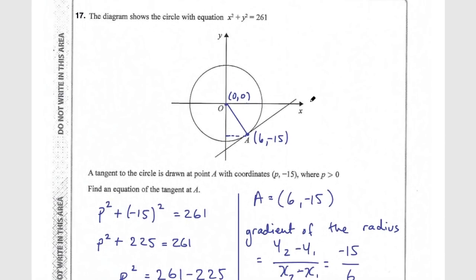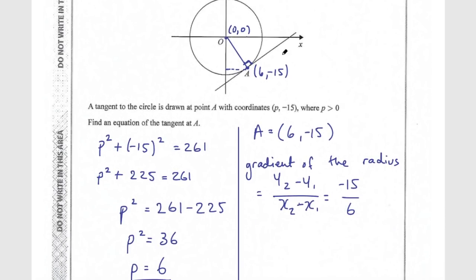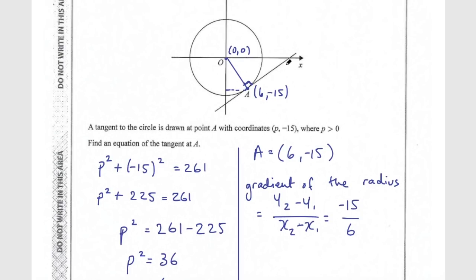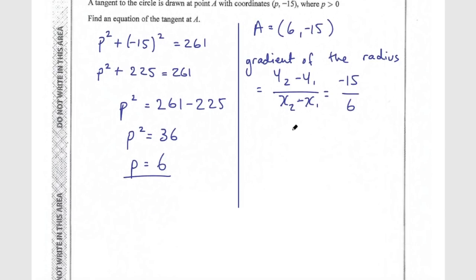And now a rule about tangents is that they meet the radius at 90 degrees. This is always the case. And also there's a fact about lines at 90 degrees, that their gradients will be negative reciprocals of each other. So now we have the gradient of the radius, we can find the gradient of that line, that tangent.